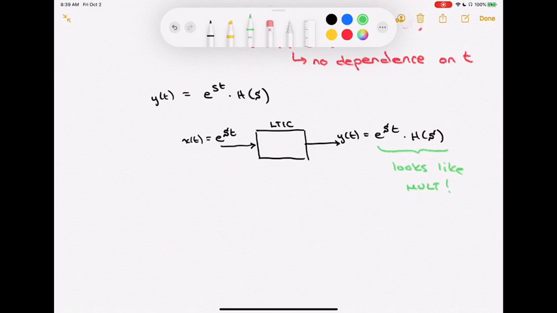You just multiply by the corresponding gain factor H of s. All of this leads to this idea that exponentials are unique to linear time invariant systems and that their propagation through those systems is very simple. And if we can decompose a signal into just these exponentials, it should be tremendously helpful.